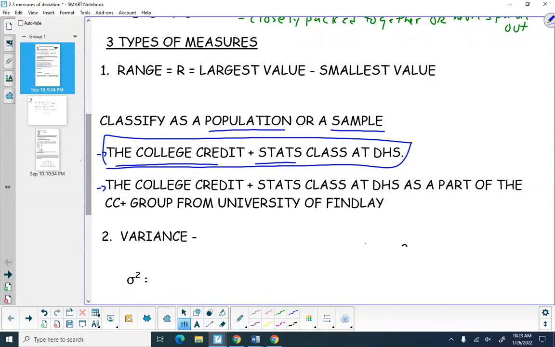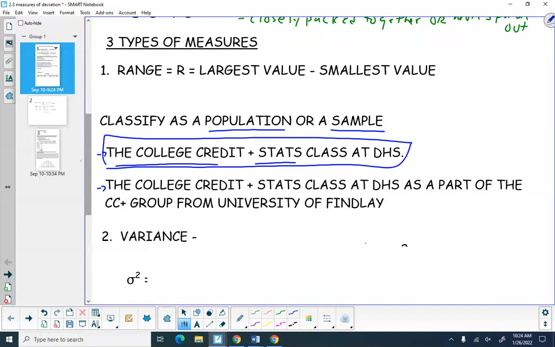But if I said the College Credit Plus stats students at Down High School are a part of the entire group of people that take it through the University of Findlay, who service 25, 30 different schools that they teach College Credit Plus at. If I take a look at you in this first scenario, would you be a population or would you be a sample?